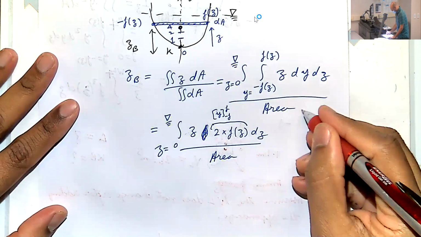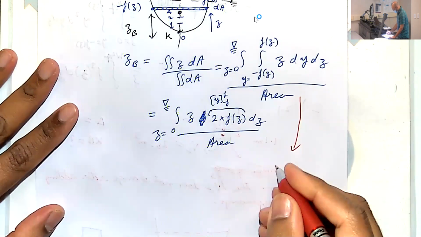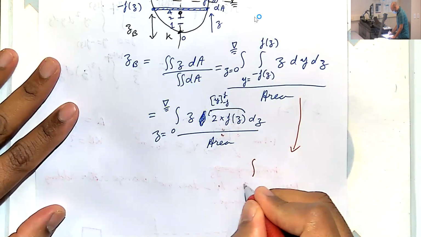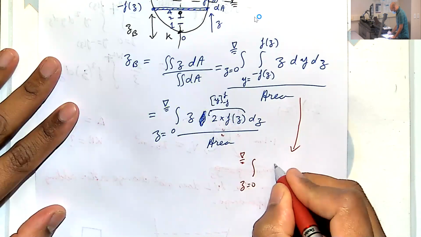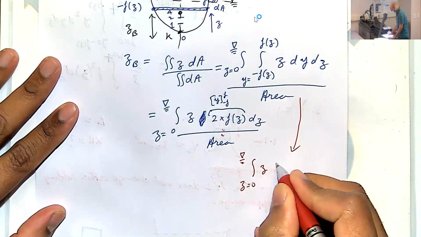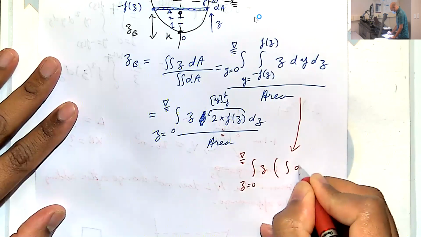So this becomes z equals 0 to waterline. Take z outside, do the integral in y.